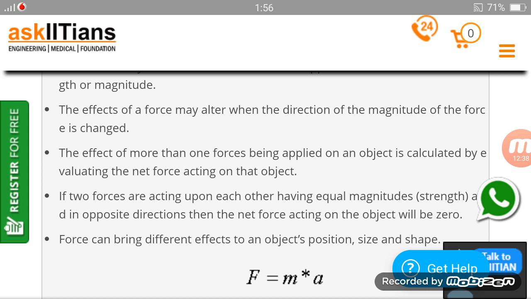So if we want to calculate the effect, or the quantity of a force, to make it easy for you, if we want to calculate the effect of forces being applied on an object, we have to evaluate the net force, meaning the total force acting upon the object.